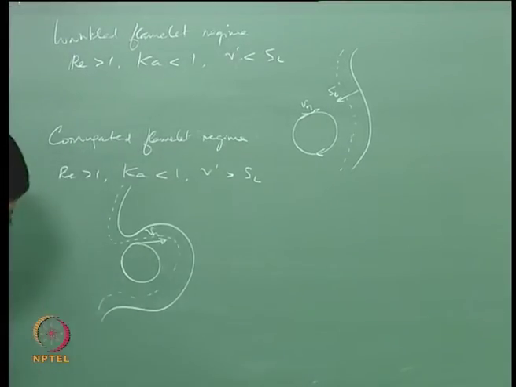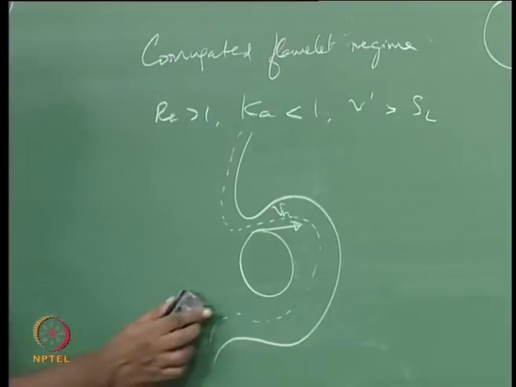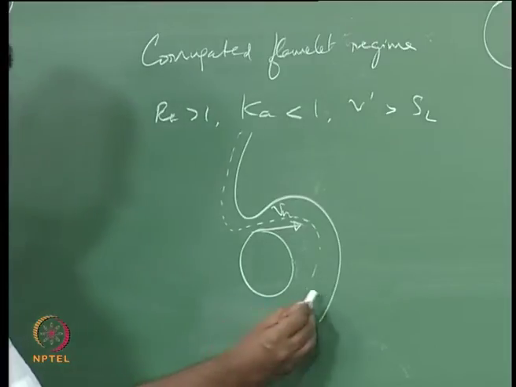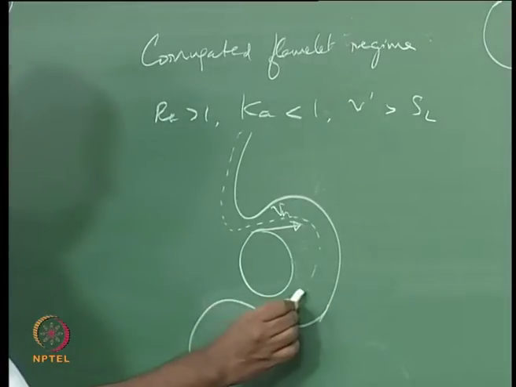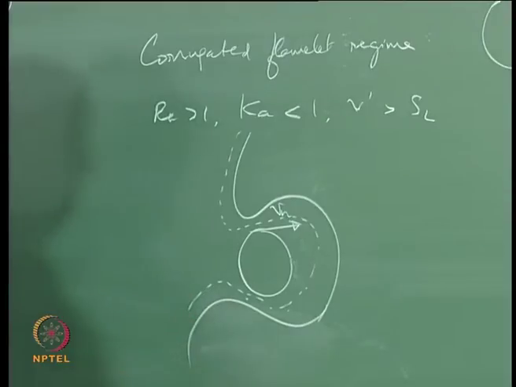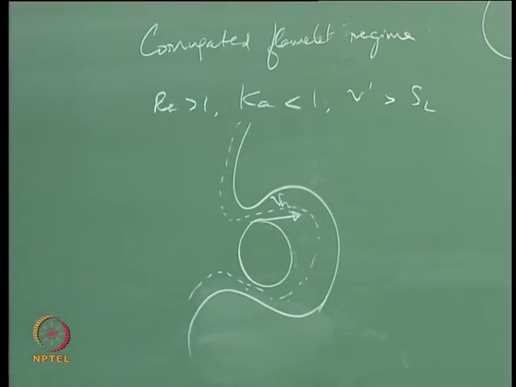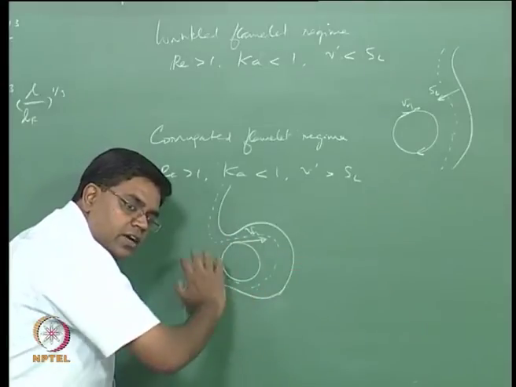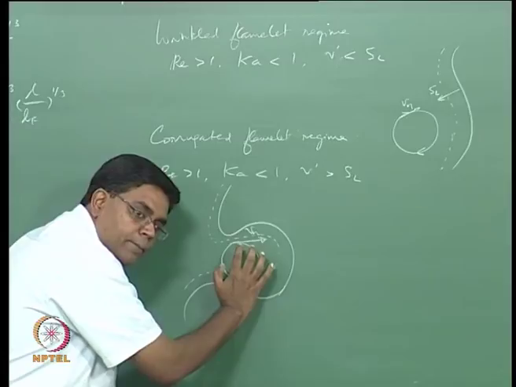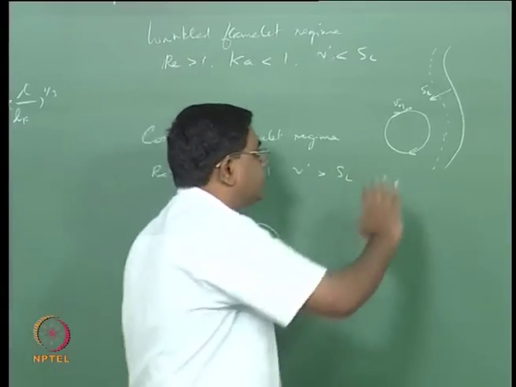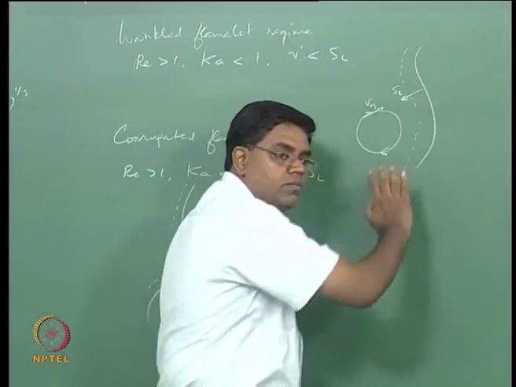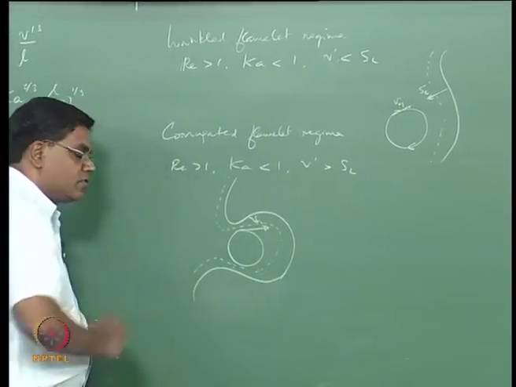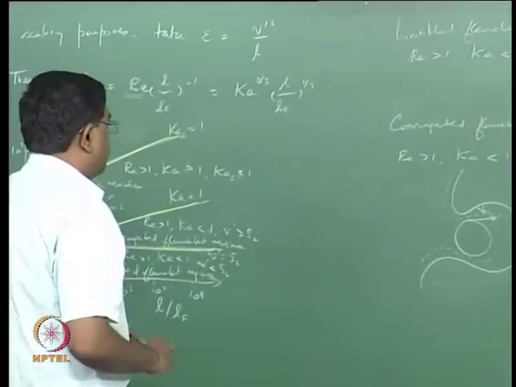You could exaggerate this a little bit more. That means the corrugation in the flame can now house an eddy comfortably. Previously we didn't have the flame corrugated so much, but now you have a corrugation of the order of the eddy size. That's the reason why it's called a corrugated flame.